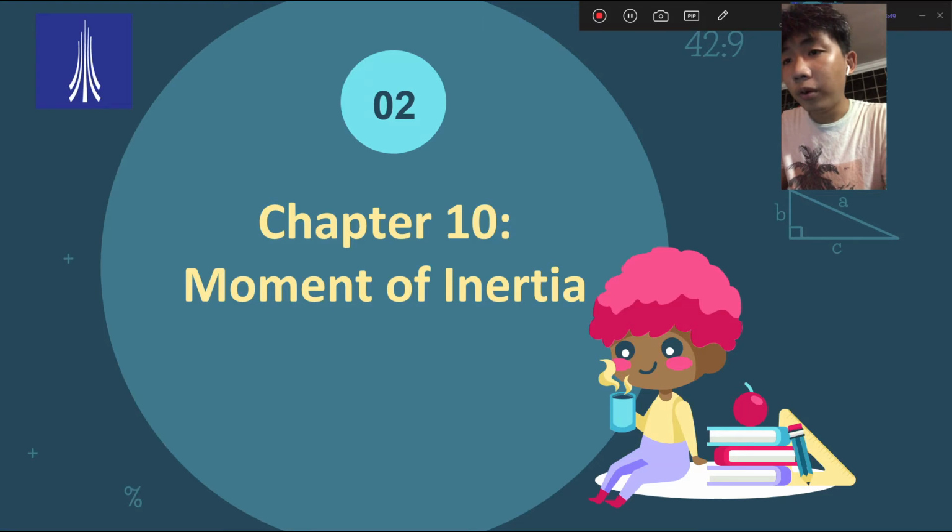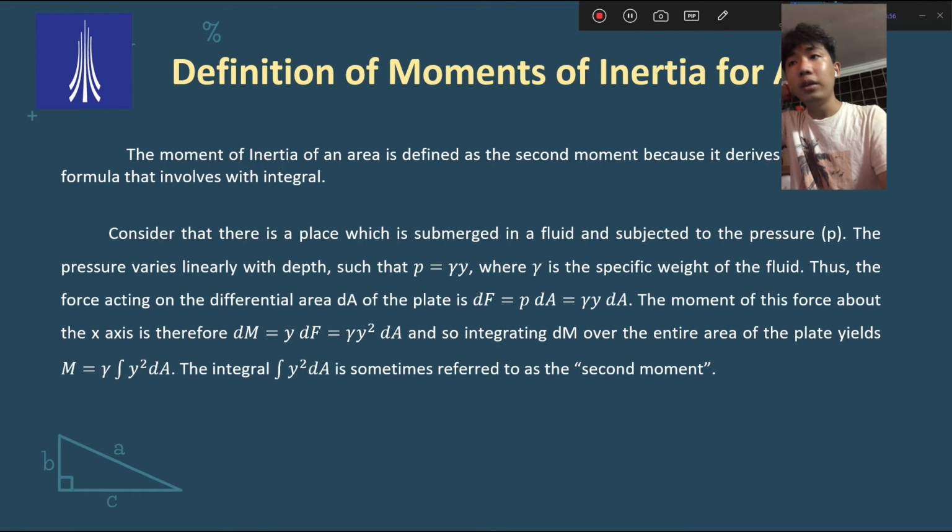So let us move on to chapter 10, which is the moment of inertia. The definition of moment of inertia for areas: the moment of inertia for an area is defined as the second moment because it derives from a formula that involves an integral.